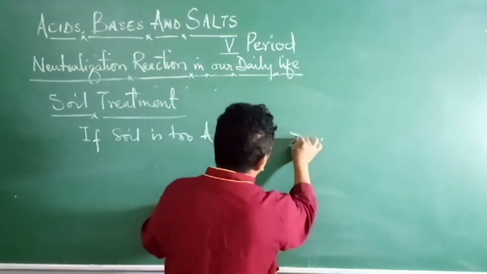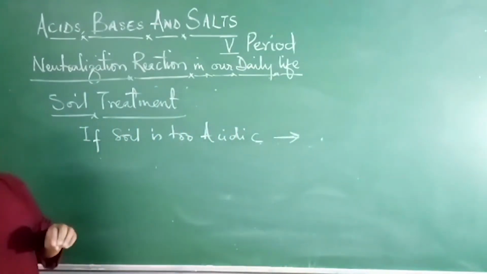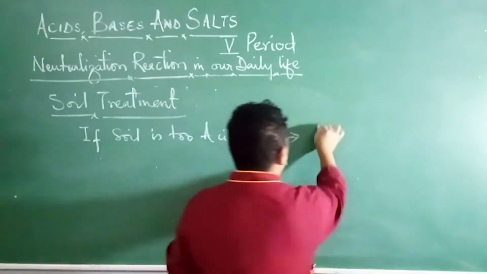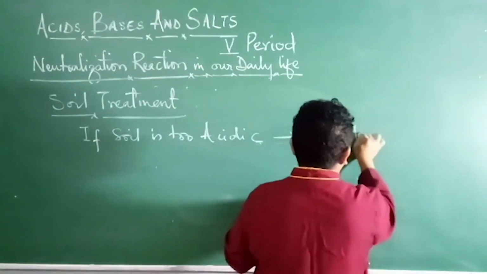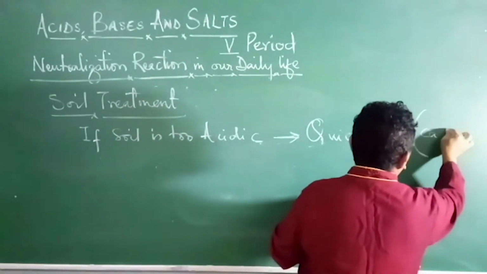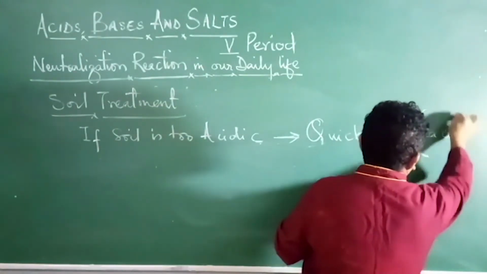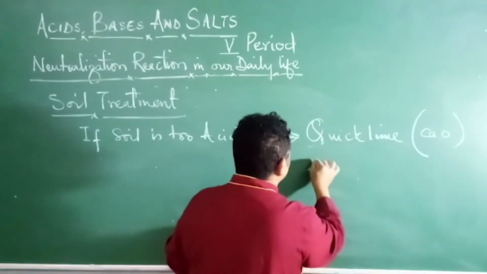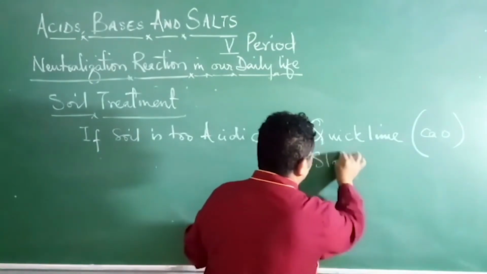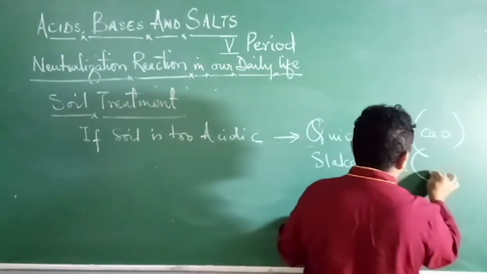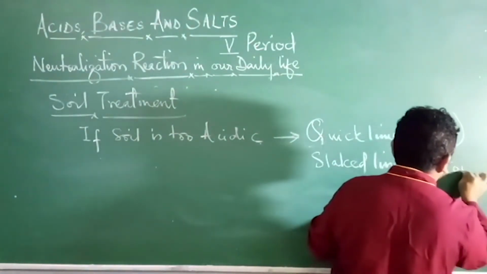If soil is too acidic, we can make use of fertilizers which contain quick lime, calcium oxide, and slaked lime, calcium hydroxide.